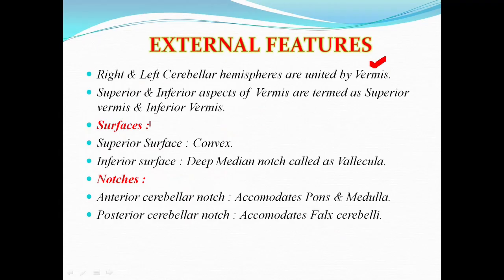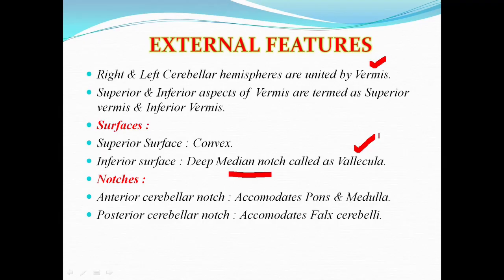Then we have two aspects of the vermis, called the superior vermis and the inferior vermis, and we categorize them by two surfaces. The superior surface is convex, whereas the inferior surface forms a deep notch, which I am going to call the vallecula.